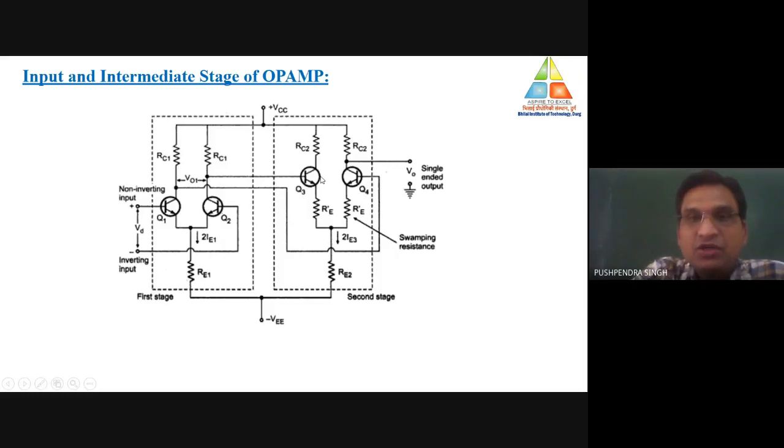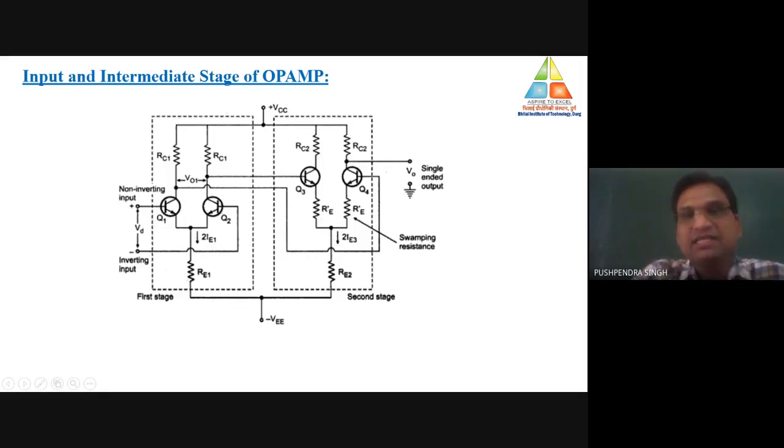That means a dual power supply we are using. Also, where are we getting the output? At one of the collector terminals of the transistor, and the second terminal is grounded. So which kind of circuit is this one? Dual input, unbalanced output differential amplifier. So what is the name of the second stage? Dual input, unbalanced output differential amplifier. Here RE dash is what? RE dash is a swamping resistance.